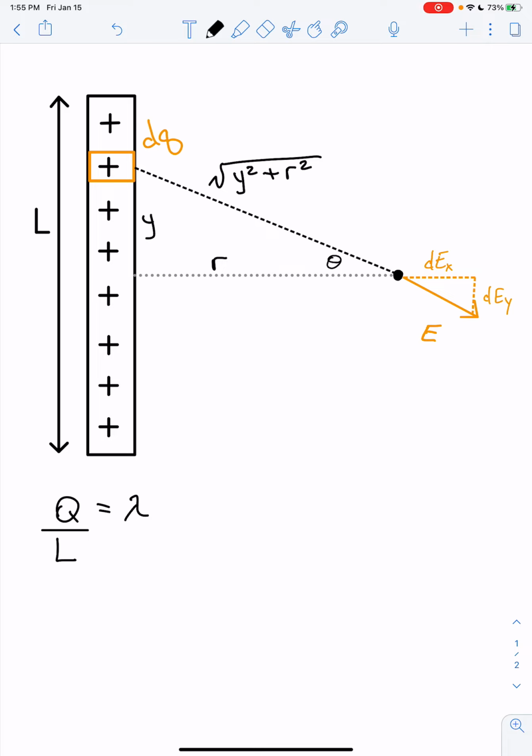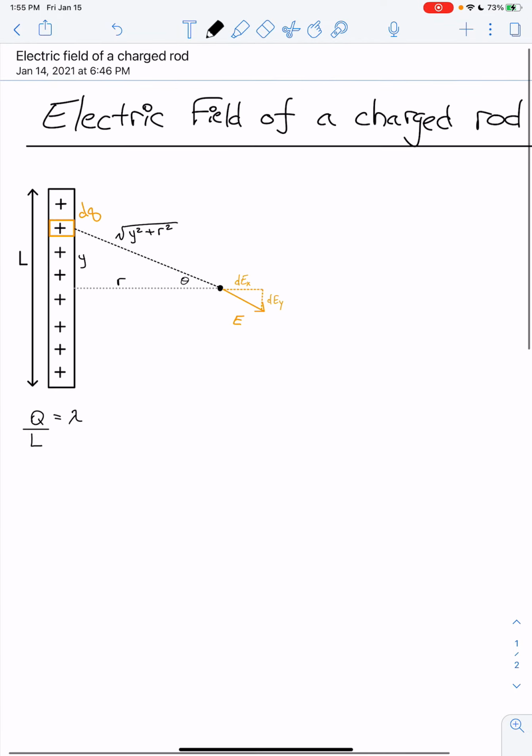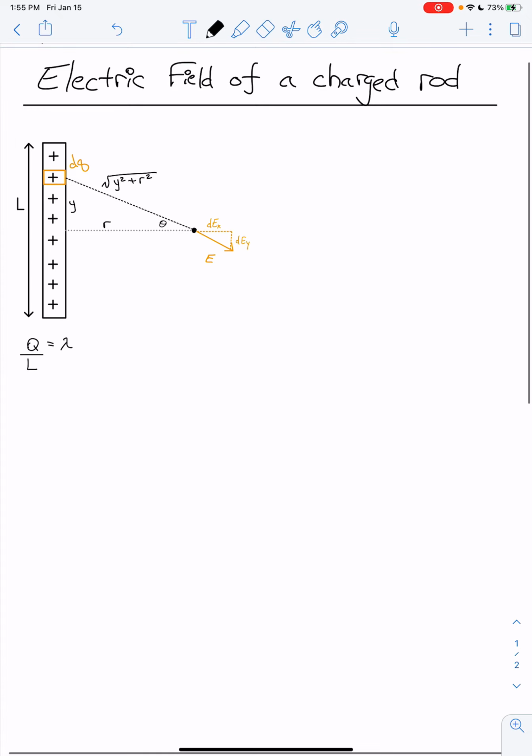Okay, so what if we want to then set out an equation that describes what we have for an electric field? Let's back out here a little bit and let's write out our equation.